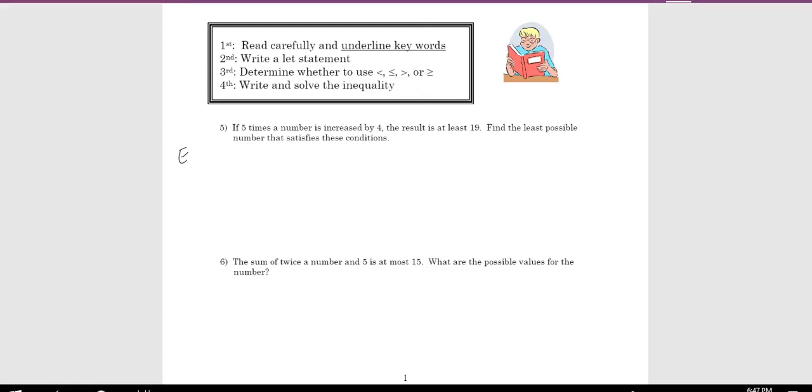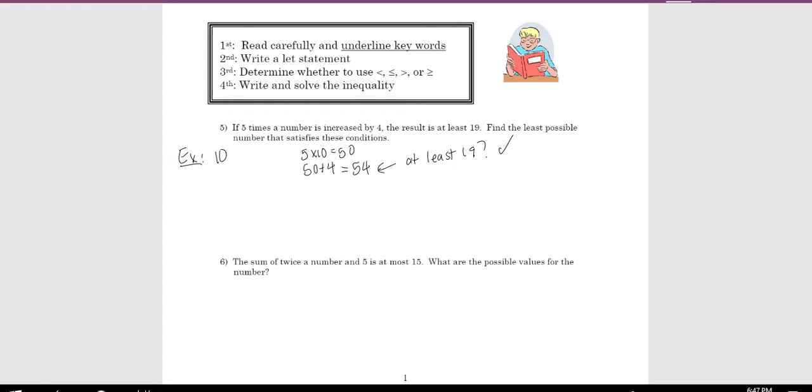For example, I want to pick the number 10. If I multiply 5 times 10 plus 4, my result, is this at least 19? Yeah, it is. So 10 is a possibility.